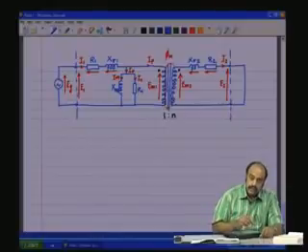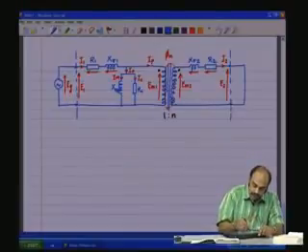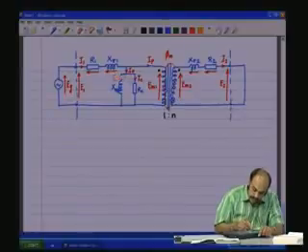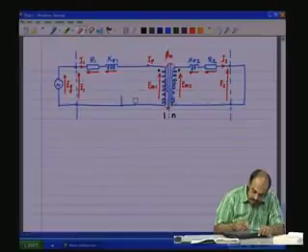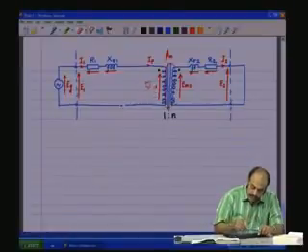So, under the short circuit condition, we see that the IP will be much higher than the I naught, and therefore, they can be neglected. So, these portions will vanish as they are negligible. And we can do one more thing, as I was saying.